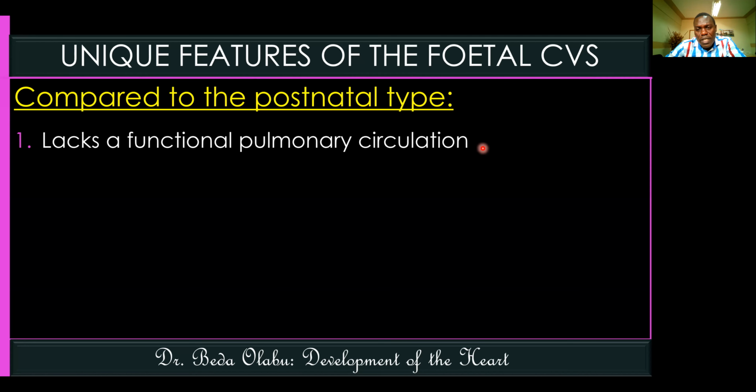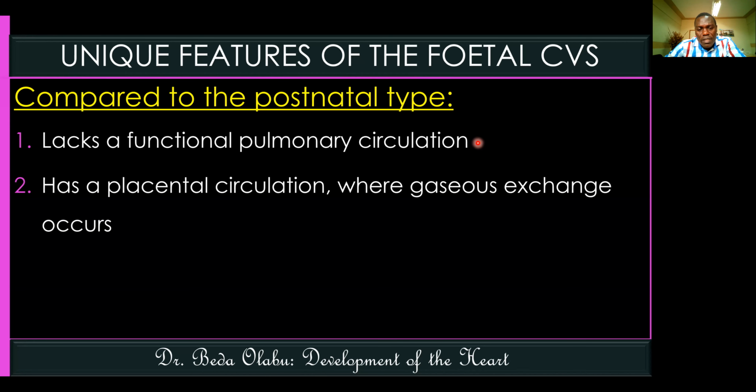One of them is that the fetal cardiovascular system does not have a functional pulmonary circulation. This is to mean that blood does not go to the fetal lung for the purpose of gas exchange. Of course, it does that in the postnatal type, but not in the fetal type.